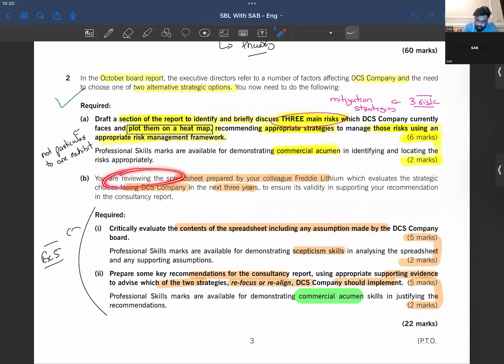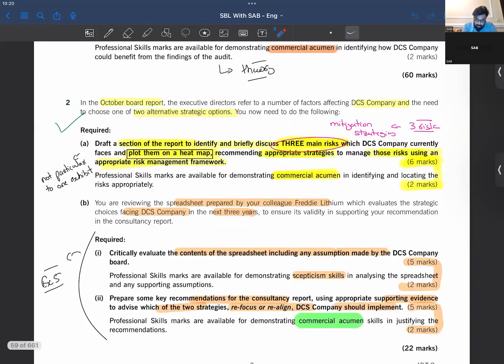You are reviewing the spreadsheet prepared by your colleague Freddie Lithium, which evaluates the strategic choices facing DCS company in the next 3 years, to ensure its validity in supporting your recommendation in the consultancy report. Now, critically evaluate the contents of the spreadsheet, including any assumptions made. So you have to evaluate that spreadsheet, right?